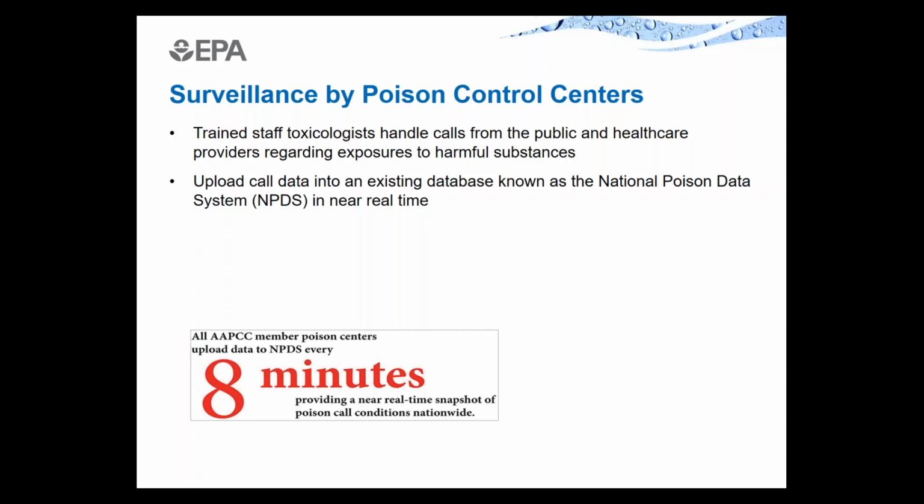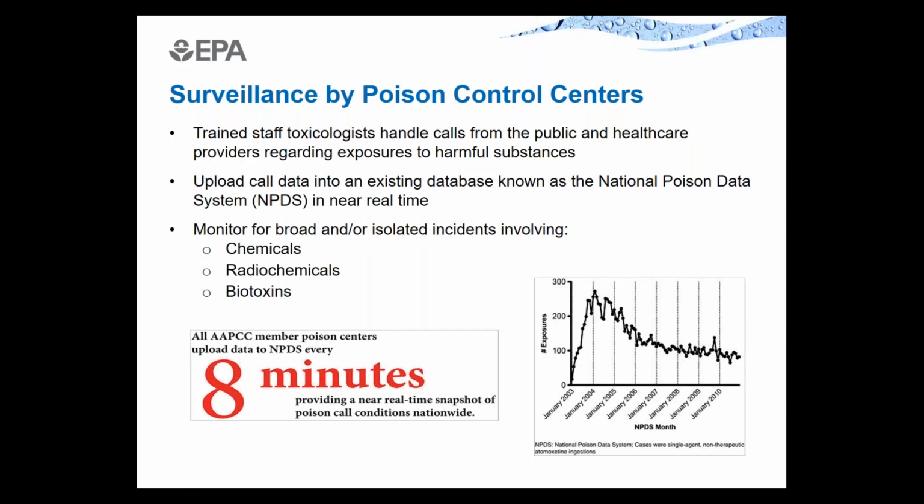This is advantageous in that it provides a means to conduct surveillance at a variety of geospatial levels, all the way from a local level up to a national scale, to look for unusual trends in exposures to toxins. And due to the variety of calls they field and the variety of substances that they're trained in, they do have the ability to detect incidents that might be due to exposure to chemicals, including toxic industrial chemicals, radiochemicals, and biotoxins.